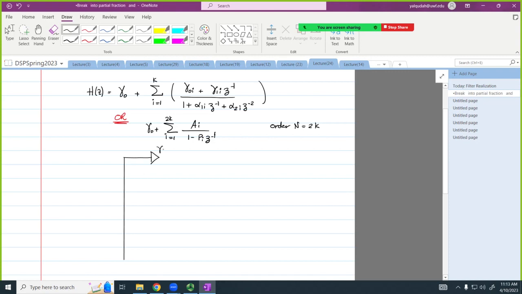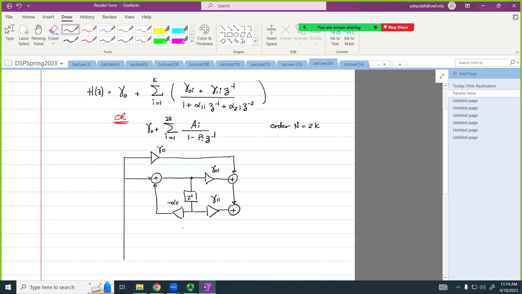You're going to have gamma 0 and then we're going to have the realization using direct form, gamma 0 1 added, z to the negative 1, gamma 1 1, and then we have negative alpha 1 1 is added, z to the negative 1, negative alpha 2 1, and we're going to add these together. Again, this comes from the direct form 2.